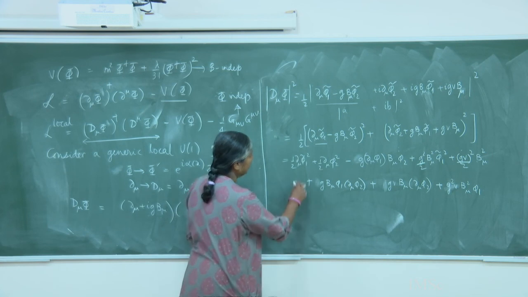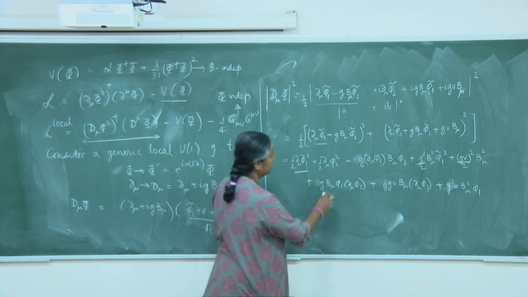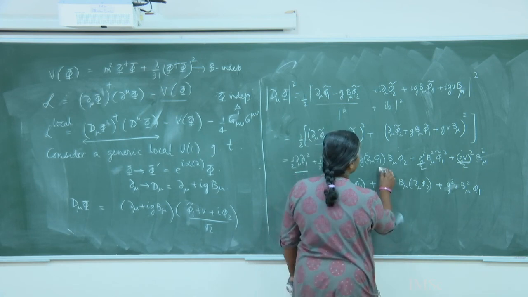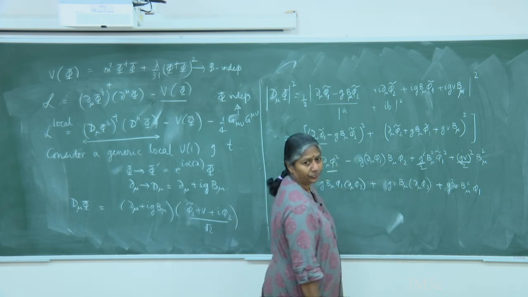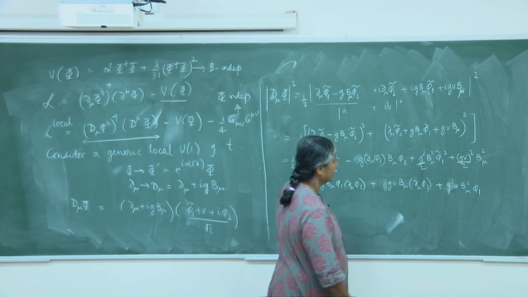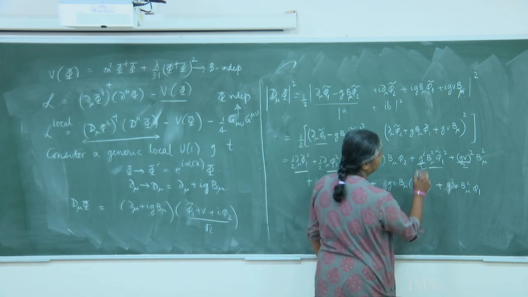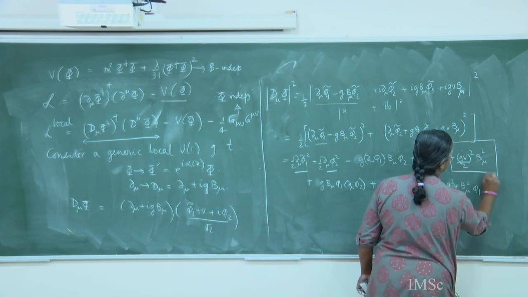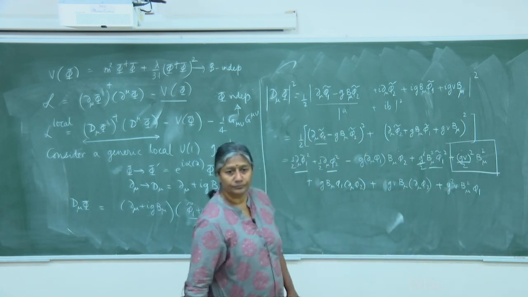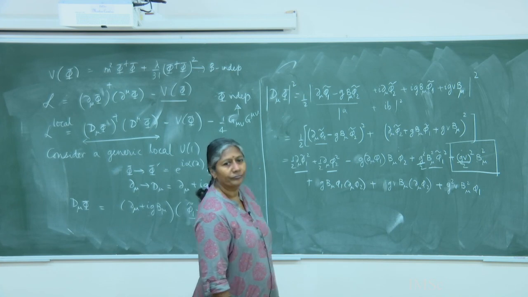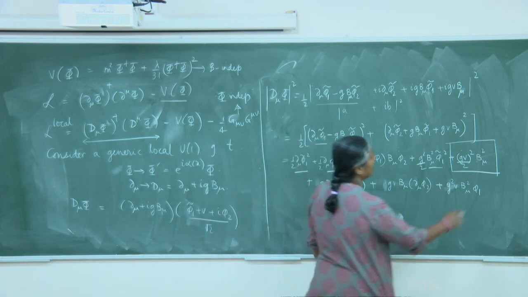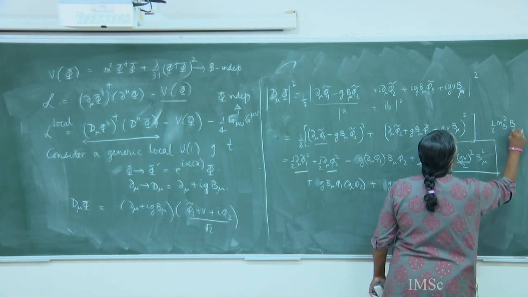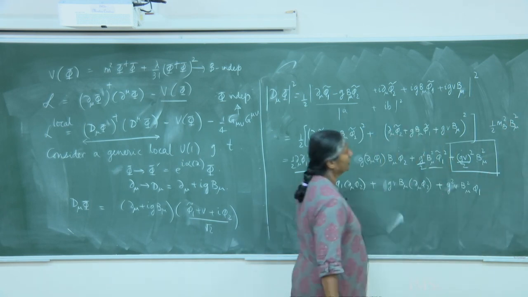Okay, so this is the kinetic energy term of phi 1, we understand, kinetic energy term of phi 2, we understand. Now this is an interaction of 3 fields, so it's some interaction term. This is an interaction term of 4 fields, so this is an interaction term. Now look at this term. What is this term? Yes, so this is the mass term, half mass squared of the B mu, right?